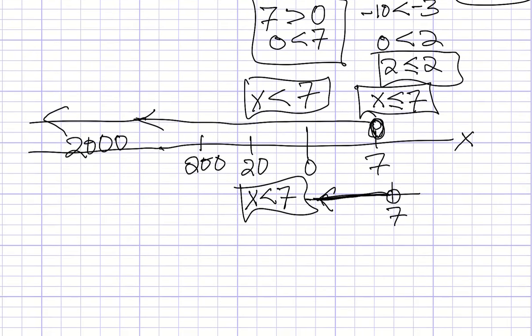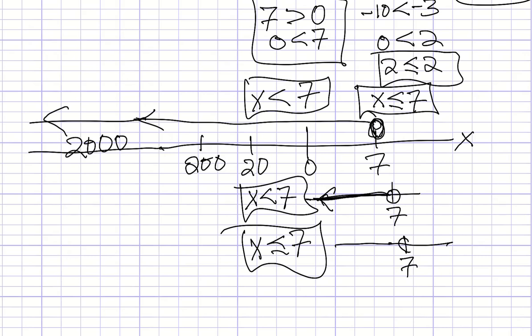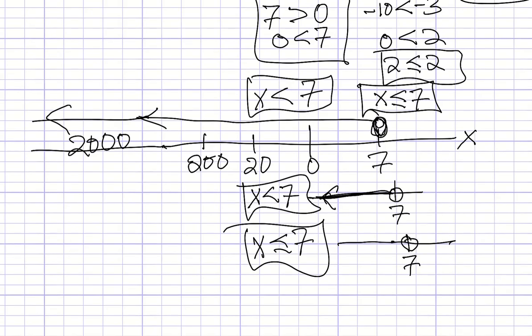Now, when you say x is less than or equal to 7, how do you draw that? Well, you draw the line like that, put 7 here, then you draw the circle. Over here in the first one, x less than, there is a hole. Now, when you say less than or equal to, you close the hole because 7 is included. That's how you represent that. And then you go that way.